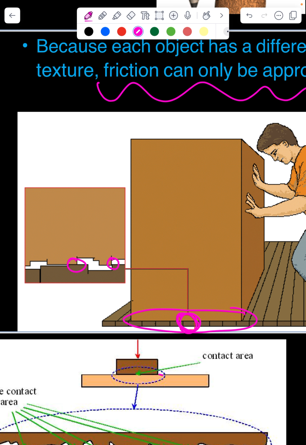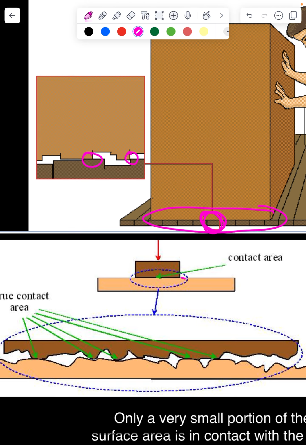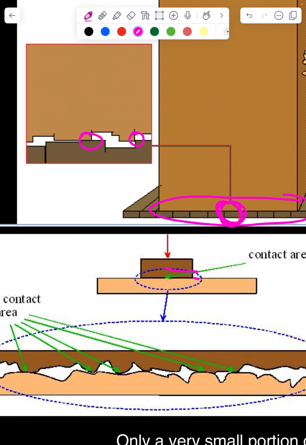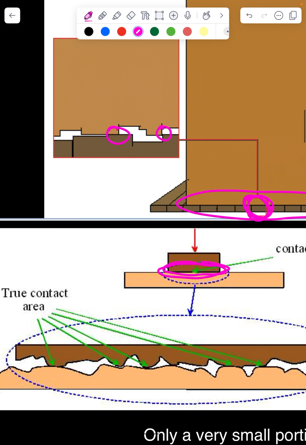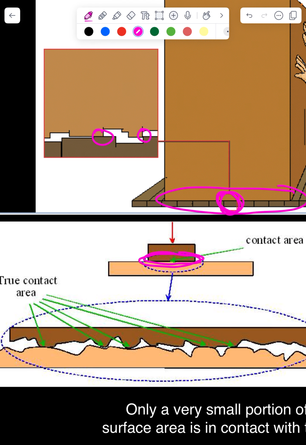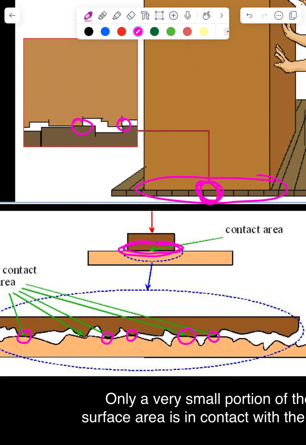On this one, we have a box on a horizontal, level shelf. From the naked eye's perspective, they look like smooth surfaces. But at that microscopic level, it's just these few spots that are actually causing all of that friction.